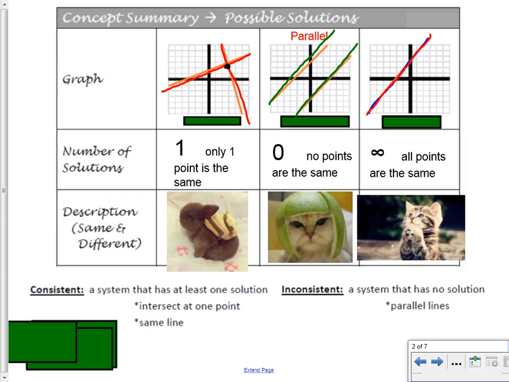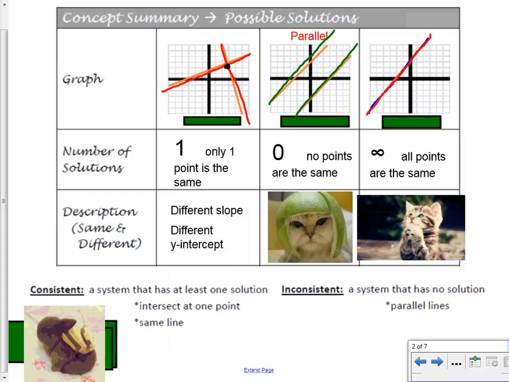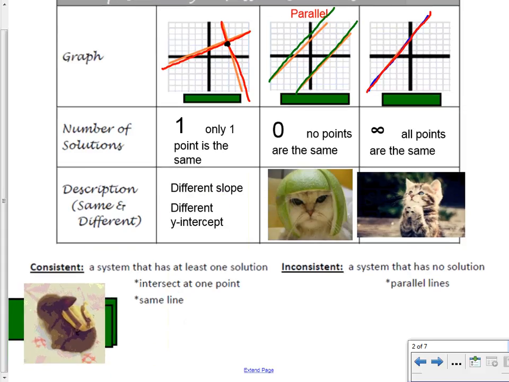So what would be a description of the equations or something you would see with each of these? Well, again, if we have those two intersecting lines, you look at those equations and you notice that they have different slopes and different y-intercepts. Each one's going to intercept the y-axis at a different spot, and they're going to have different slopes. They might be perpendicular, they might be very, very close to the same thing, but if they are going to intersect, the slopes have to be different.